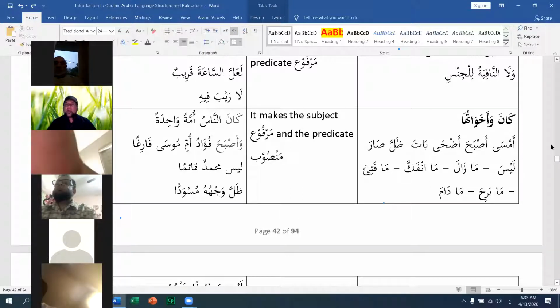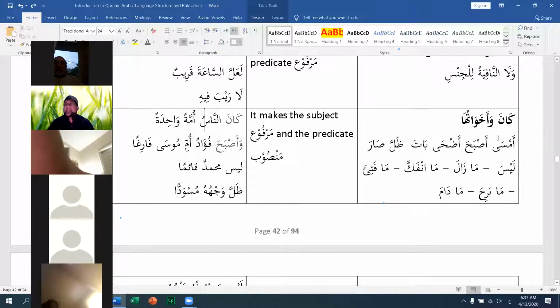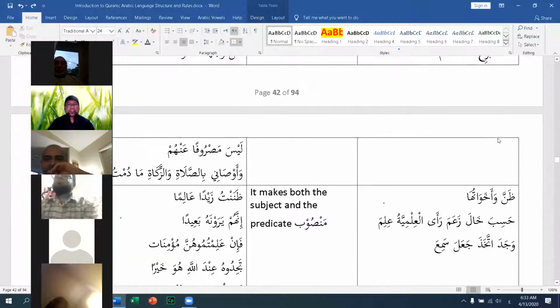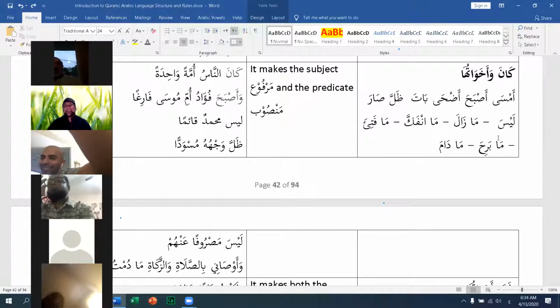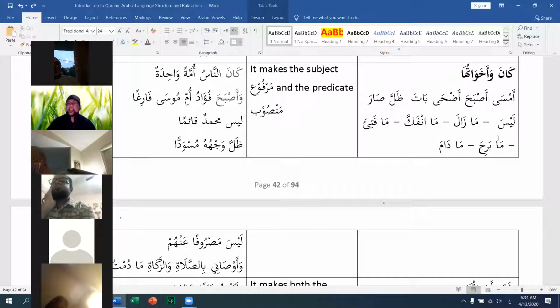So it makes the mubtada marfu' and it makes the khabar mansub. That's all. All the rest that I explained there has to do with the meanings and the utilizations of these words. Now, this has nothing to do with the prior classes. This is only with this class.